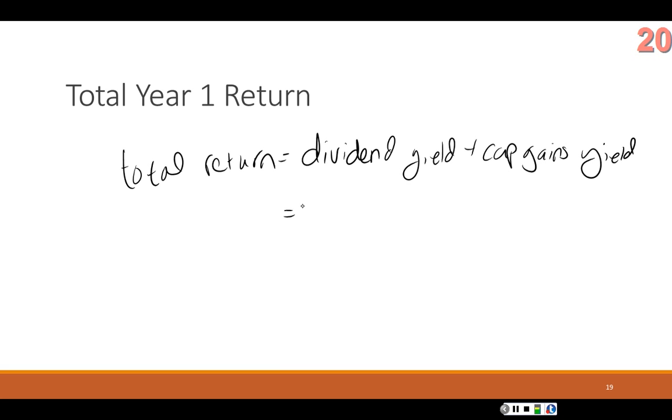So here for our example, the dividend yield was 7%, and we had a capital gains yield of 6%. So that gives us total return equal to 13%, which is equal to our required return. For constant growth stock, the capital gains yield is always equal to the growth rate. So in our example, the capital gains yield should equal 6%, which it did.